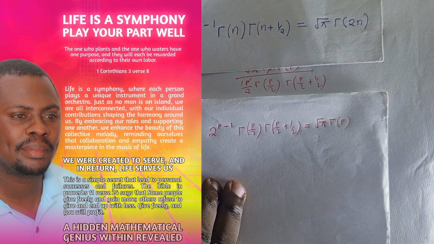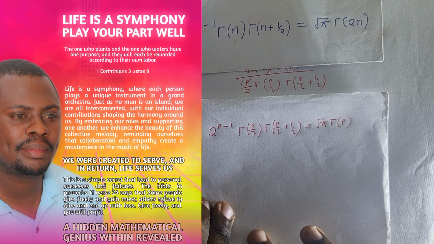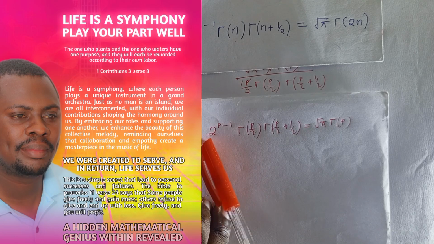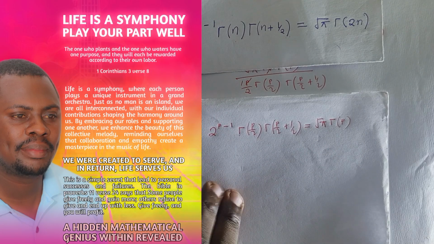Okay, so we need to make gamma of p over 2 and gamma of p over 2 plus 1 over 2 the subject of the formula. So it's just a matter of dividing both sides by 2 to the power p minus 1.